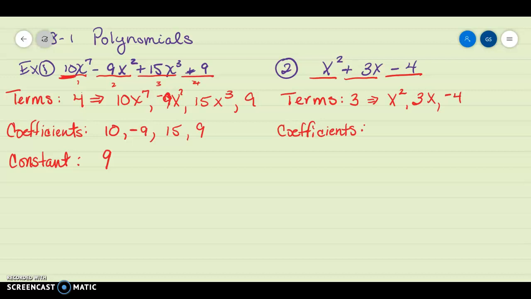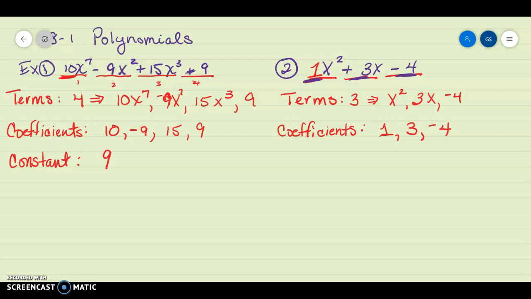Don't forget, when we have an x with nothing in front of it, we put a 1. So now it's 1x squared, and I do have a number in front. My coefficients are 1, 3, and negative 4. Those are your coefficients.